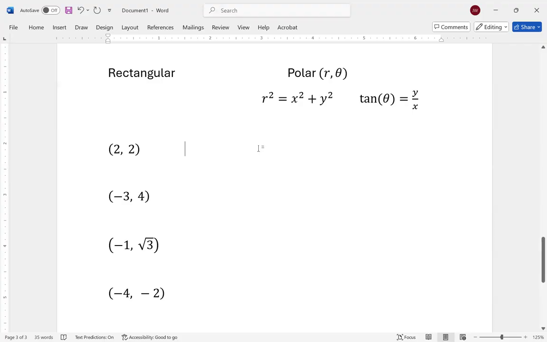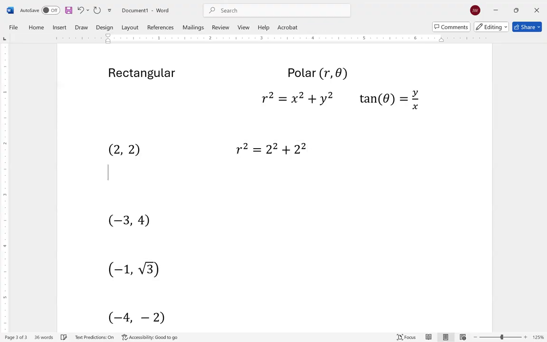So in this case, where I have (2, 2), I would say that r squared is equal to 2 squared plus another 2 squared. You can put that in parentheses if you'd like. So we'd have r squared is equal to 8. And I would let r be the square root of 8.